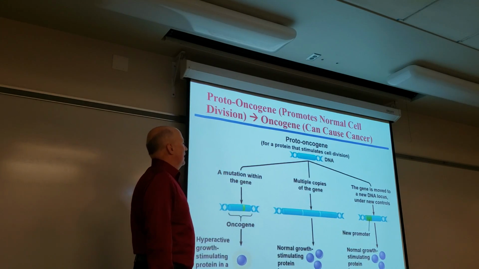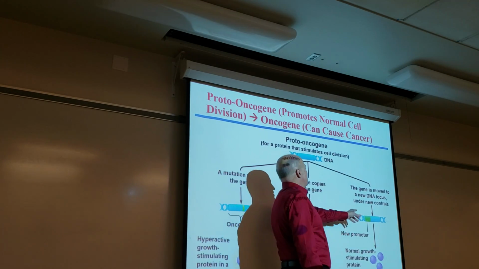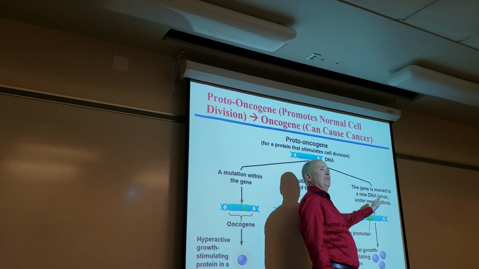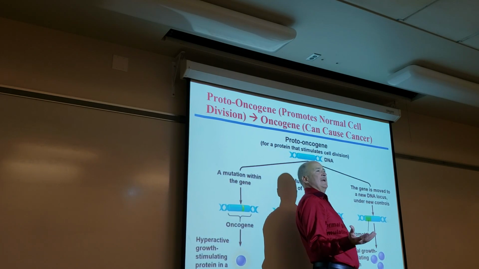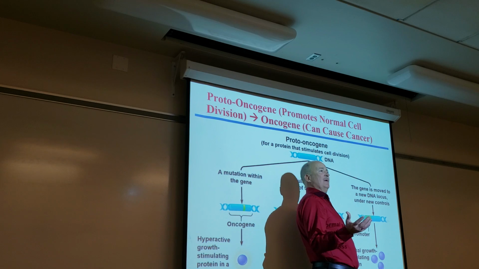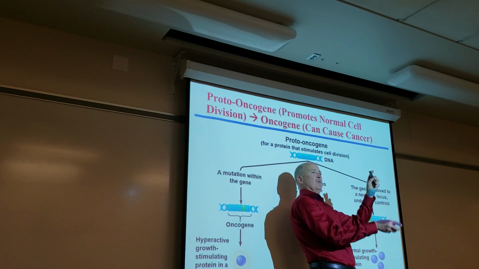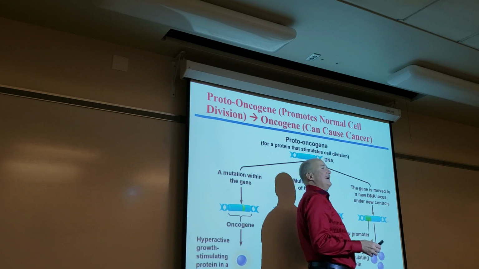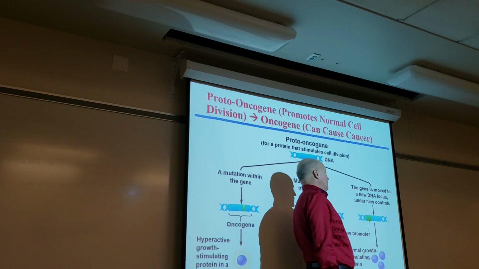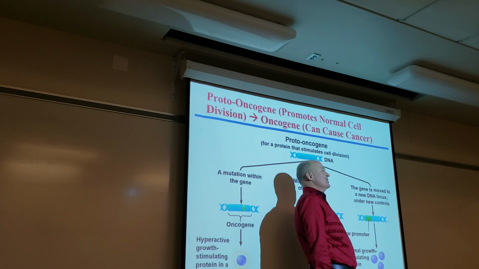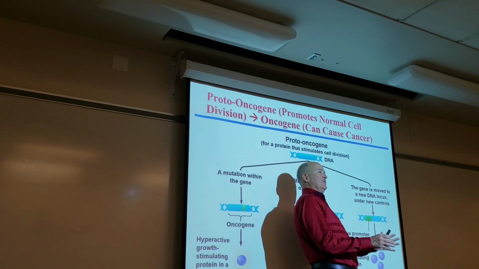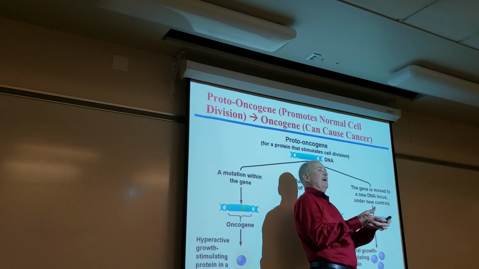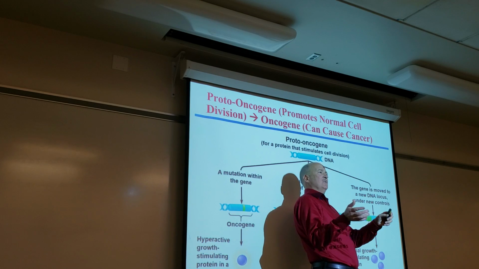and now we get too much stimulus of growth. Alternatively, the gene can get switched to a new place, and we had the case with that Philadelphia syndrome, where there is a translocation of genetic material between different chromosomes. That's a well-known cancer where this exact thing happens. You have a gene related to mitosis that is making a protein that would stimulate mitosis.